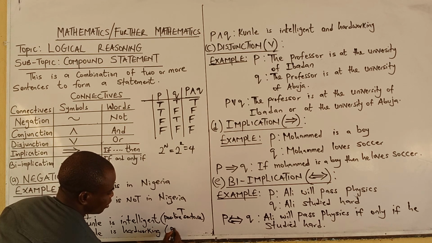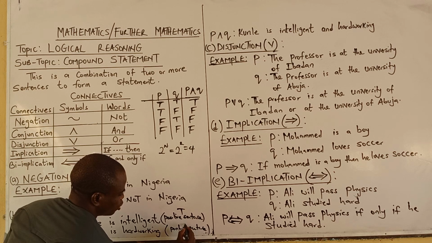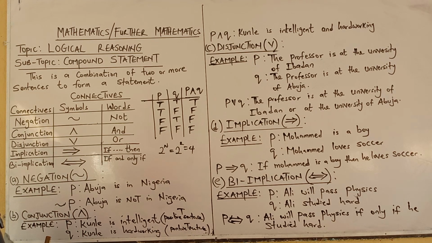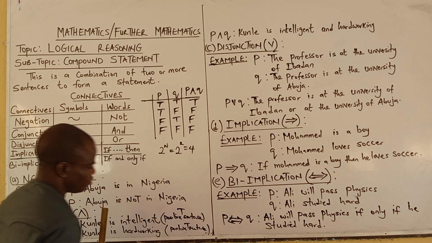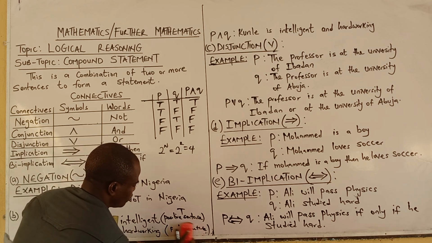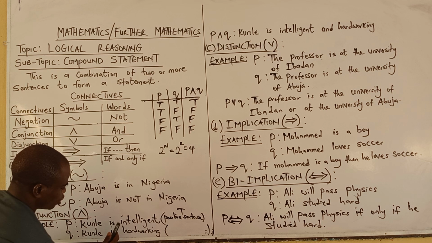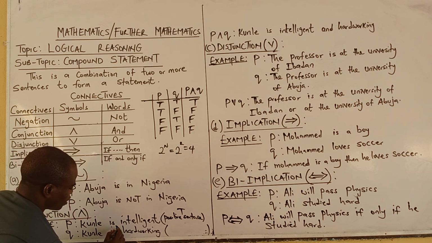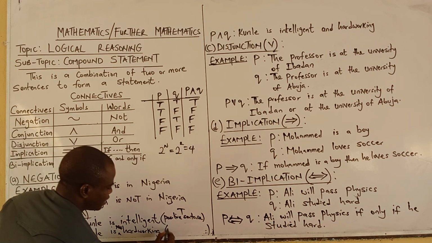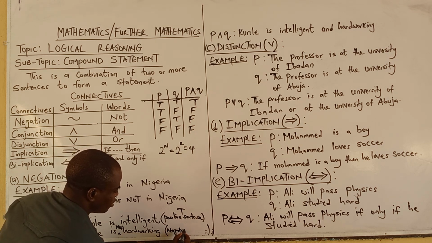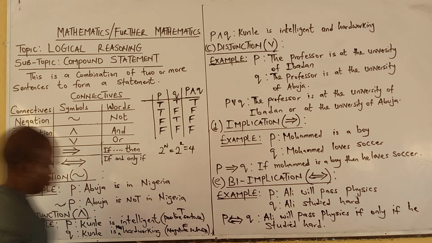The same thing, positive sentence. It is true. Likewise, true, true will give us true. But if you have a sentence like Kunle is not intelligent, if there's a not here, it will be a negative sentence, and in that case it will be false.